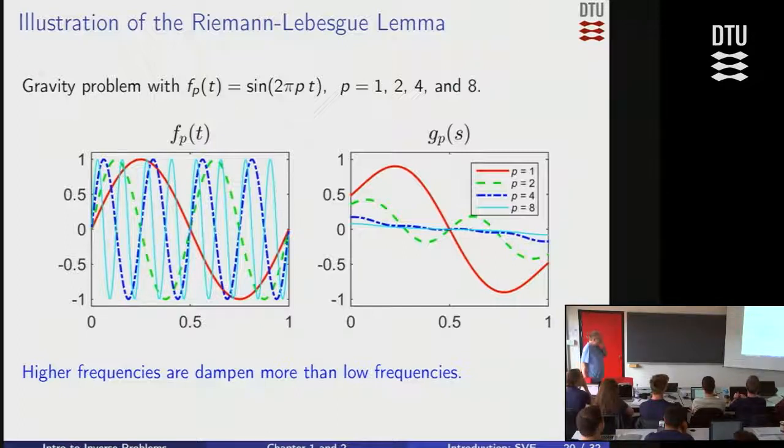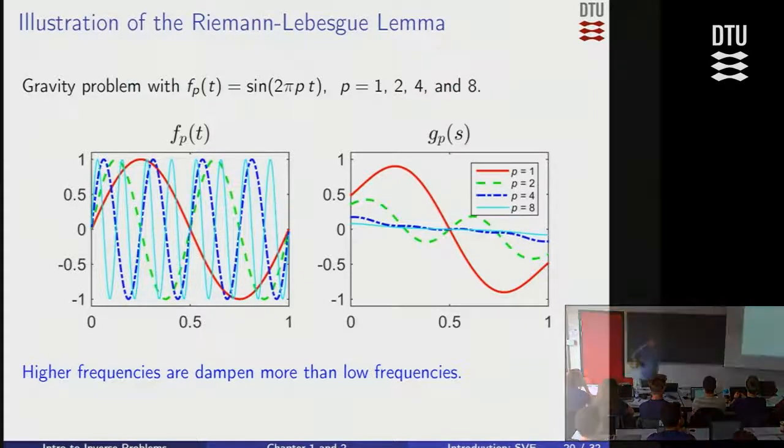I don't remember what k I used there. You can see it in the book. But the point here is that sure enough, the amplitude of the function g_p gets smaller as the frequency gets higher. So higher frequencies are definitely damped much more than the lower frequencies. Sure enough, that just illustrates the Riemann-Lebesgue lemma.